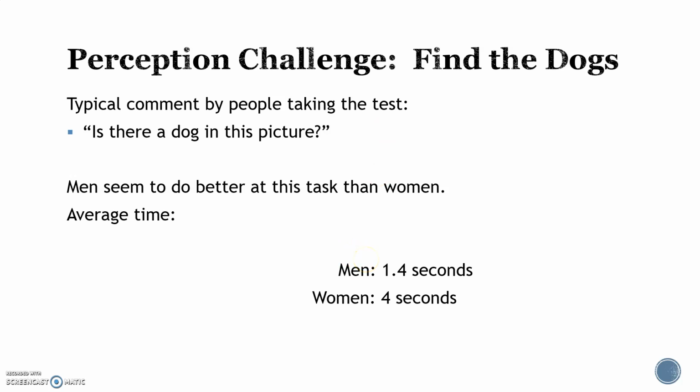And apparently there is a gender difference in terms of how much time it took them to find the dog. Men seem to be better at this task than women. It takes about 1.4 seconds for men to identify the dog, whereas it took women around 4 seconds to finally spot the dog.